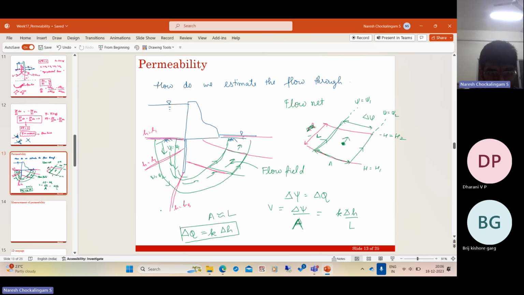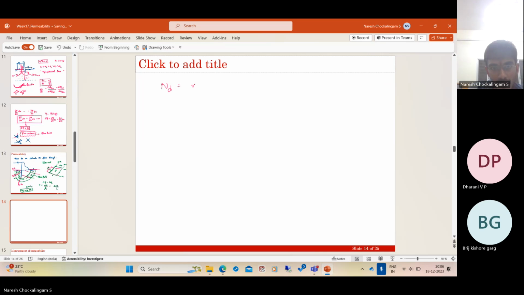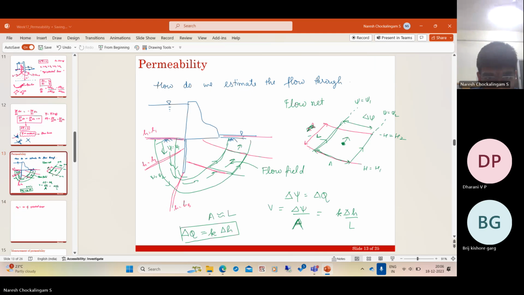But if you have n such fields, if you have n drops in the potential, if the number of potential drops is n, and you construct the flow net, so flow net is basically the network of equipotential lines and flow lines. And the area enclosed by two flow lines and two equipotential lines is called a flow field.